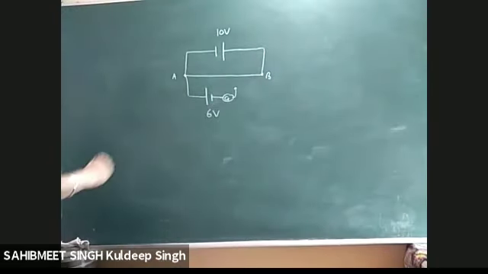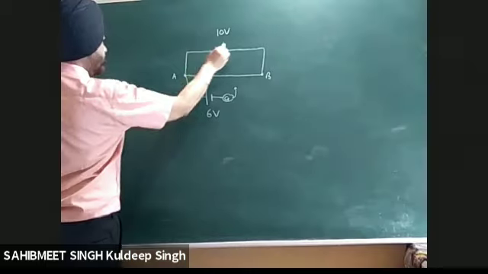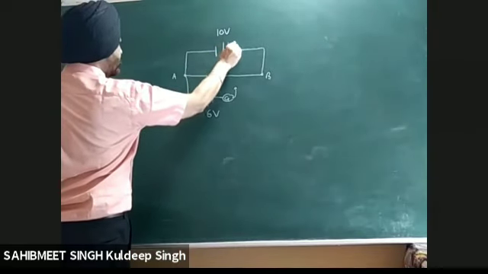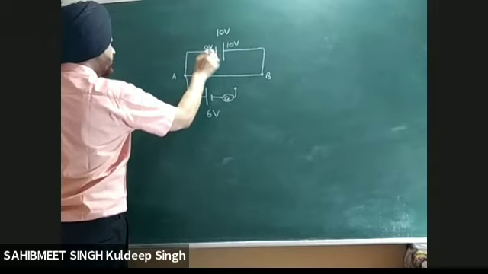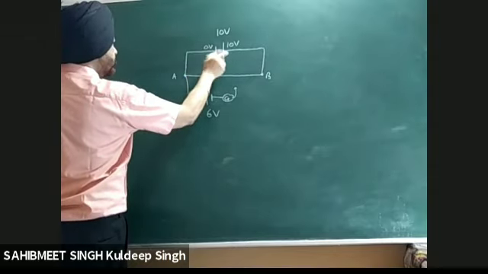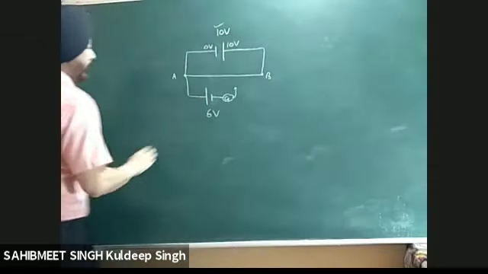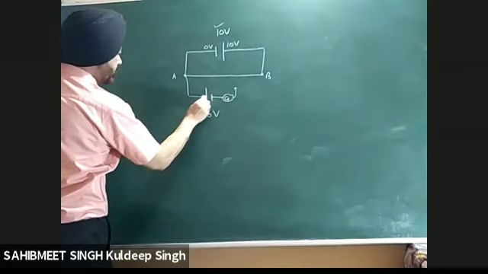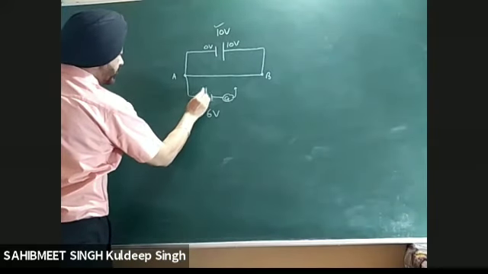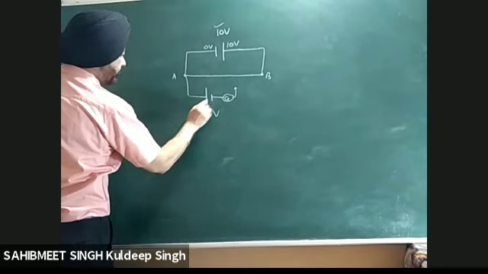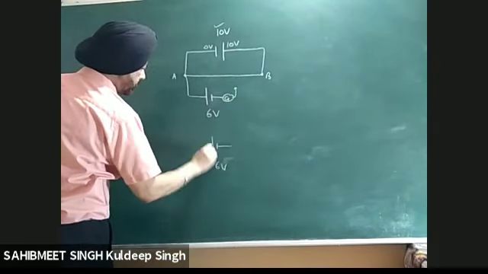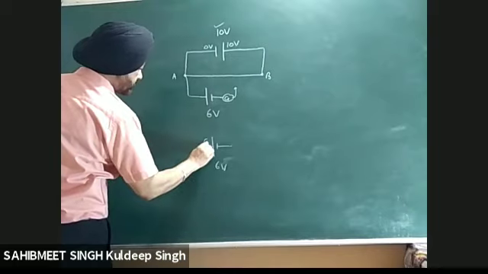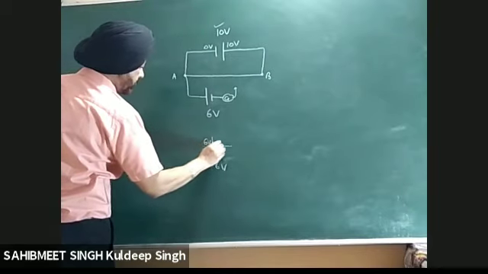You have two options: you can consider this terminal at 10 volt and this at 0 volt, so the potential difference is 10 minus 0 equal to 10. And similarly here, you may consider this one at 6 volt and this at 0.